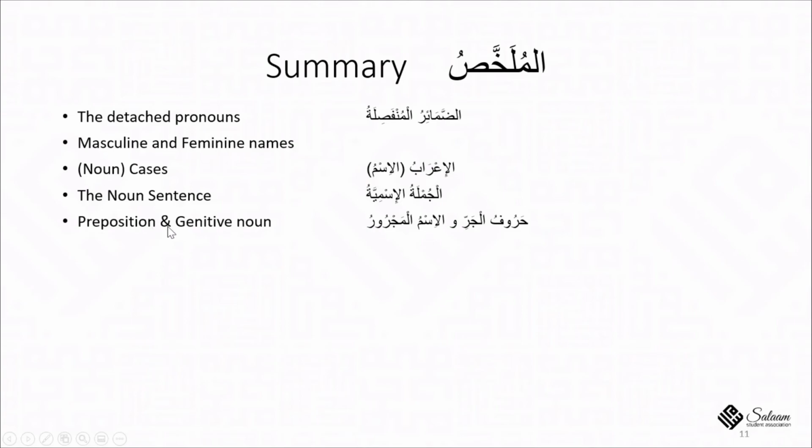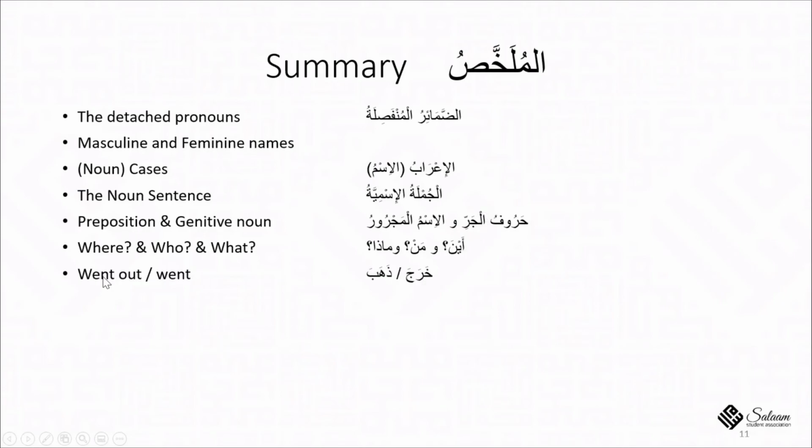The prepositions and the genitive nouns, which is حروف الجر, like من, إلى, عن, على, في, باء, or lam. The nouns, they are in the table. Where, who, and what. أين, ومن, وماذا. This is the big difference between man with mim, fatha, and min, which is a preposition. Went out and went, خرج and ذهب. This lesson in the book is also only discussing these two verbs and how to use them.